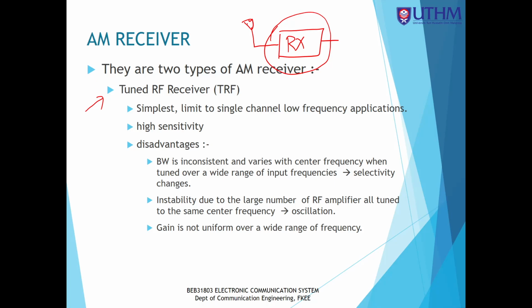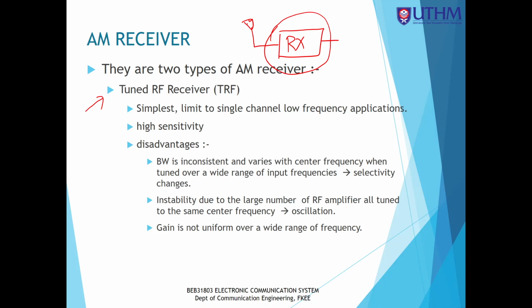It has a high sensitivity and it has a few disadvantages. For example, the bandwidth is inconsistent, which varies with the center frequency when tuned over a wide range of input frequency. It is unstable due to large number of RF amplifiers, and the gain is not uniform.